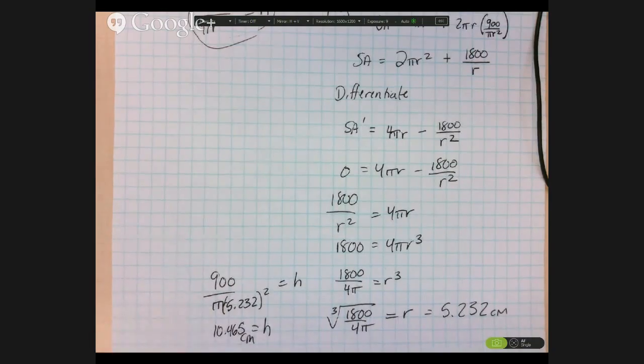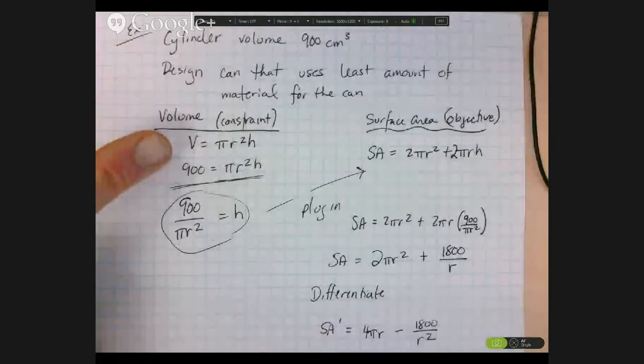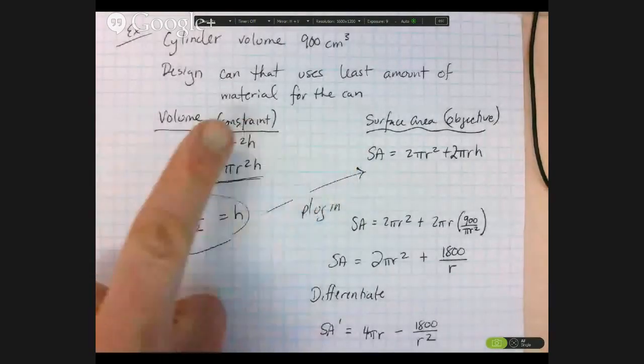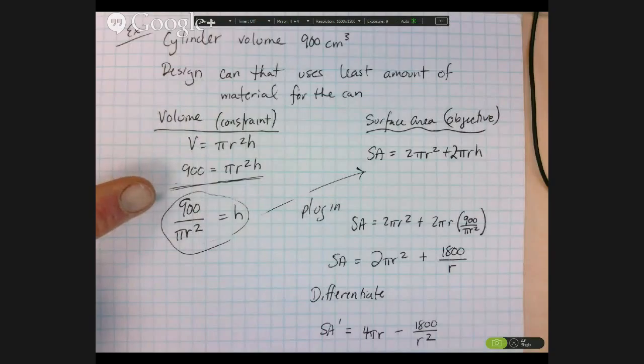You're going to start out with your constraint equation, and then you're going to have your objective equation. Your constraint equation, they give you the volume, 900 centimeters cubed. So you plug that into the constraint equation, you get 900 equals pi r squared h.